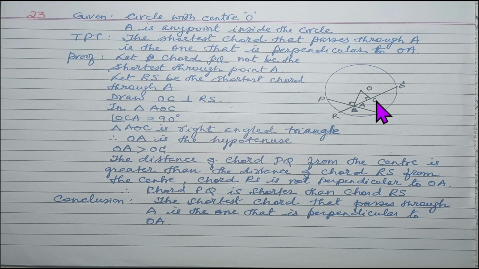Rather, the RS chord is greater than PQ, and the only chord which is shorter than RS is PQ, or PQ is the shortest chord passing through A and perpendicular to OA. Therefore the conclusion is that the shortest chord that passes through A is the one that is perpendicular to OA, is the proof of this particular example, and try to remember that.